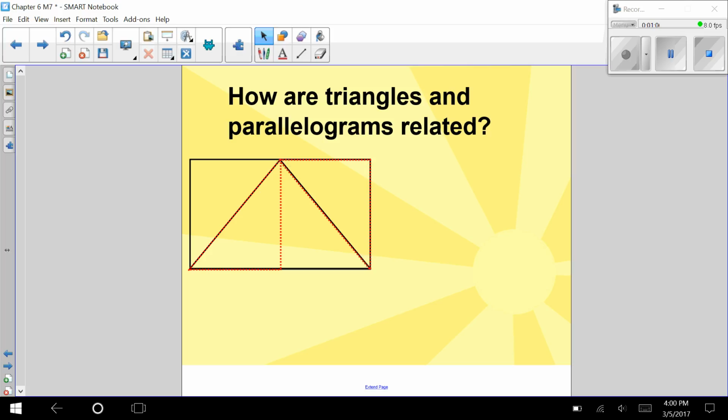Notice that they perfectly fill up the original triangle, which means two of that original triangle would fit into one rectangle.